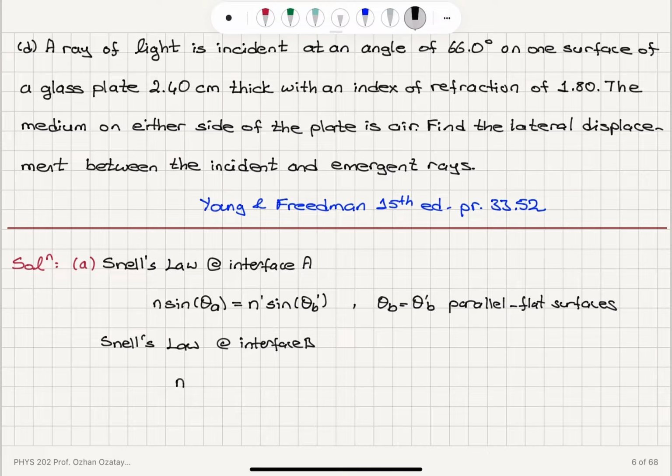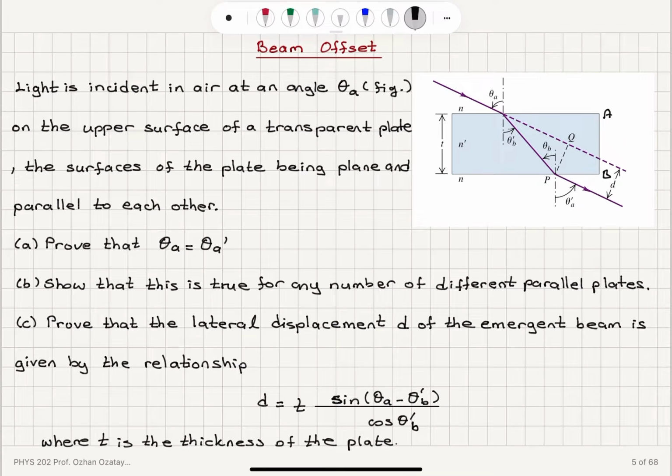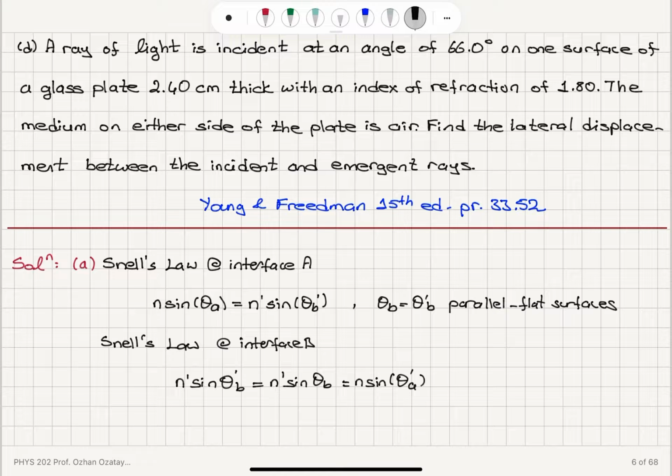So we have n prime sine theta prime B equal to n prime sine theta B, because theta prime B and theta B are the same, and that must be equal to n sine theta prime A. So here I'm writing Snell's law for this interface: n prime sine theta B is equal to n sine theta prime A.